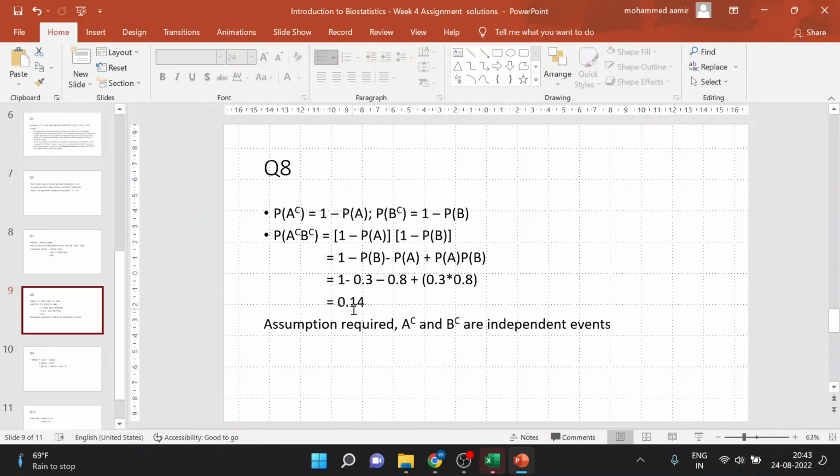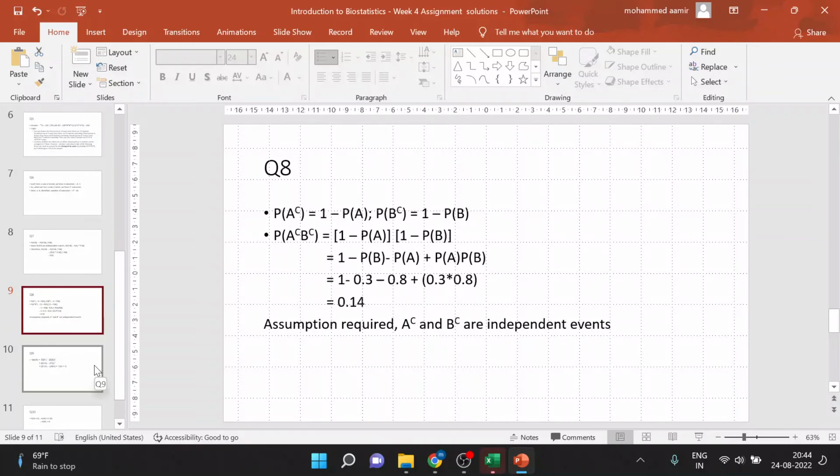An assumption that is required while answering this is that A complement and B complement are independent sets, which may not necessarily be true. But here we need to consider that A complement and B complement are independent events.